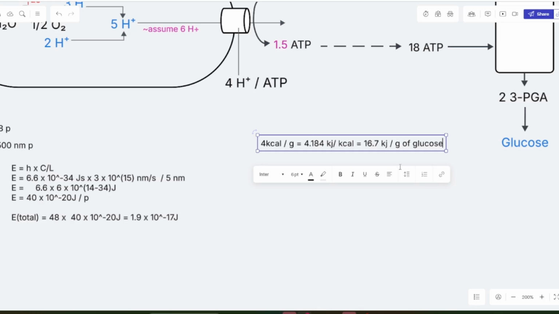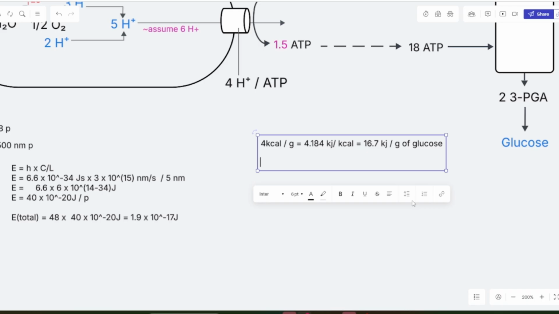All right, and now we can also calculate the molar mass of glucose. We could just look it up, but it's very easy to calculate. So we know the formula of glucose is C6H12O6, and so the molar mass should be 6 times 12, there's 12 grams per mole for carbon, of course, plus 12 for those H's, and oxygen is 16 grams per mole, and we've got 6 of those.